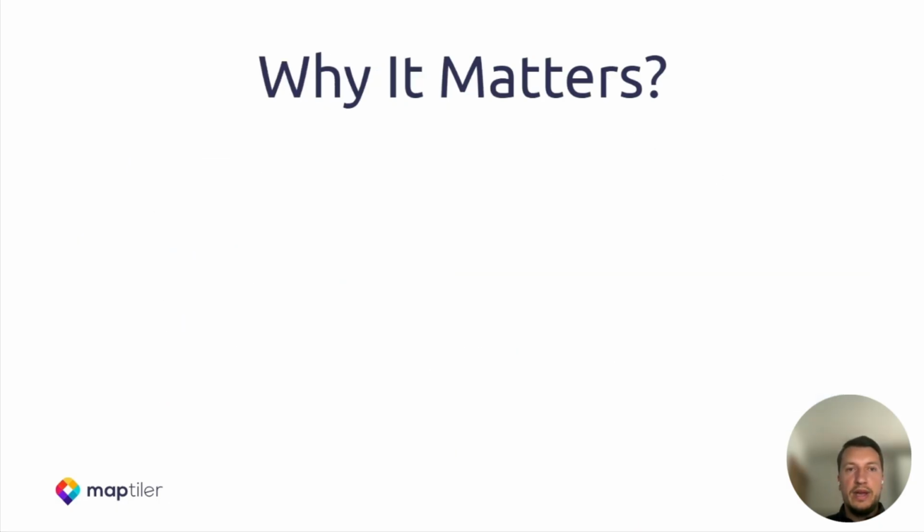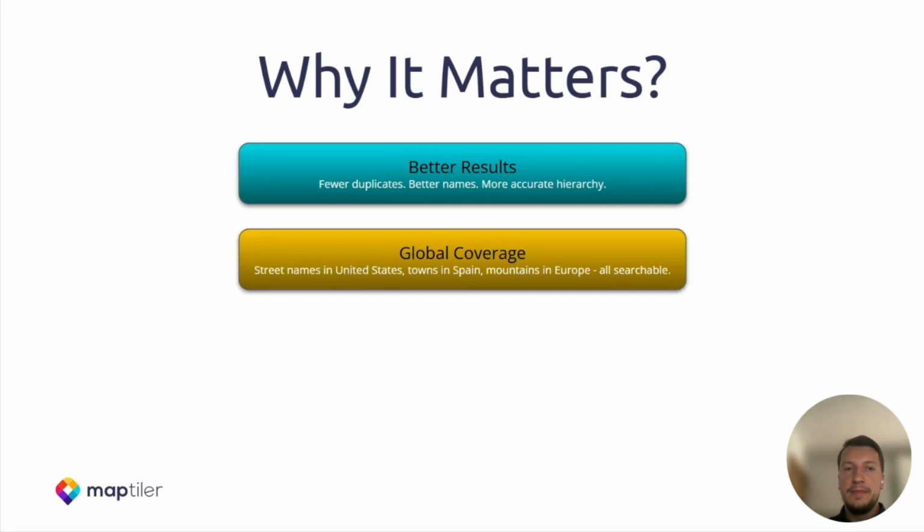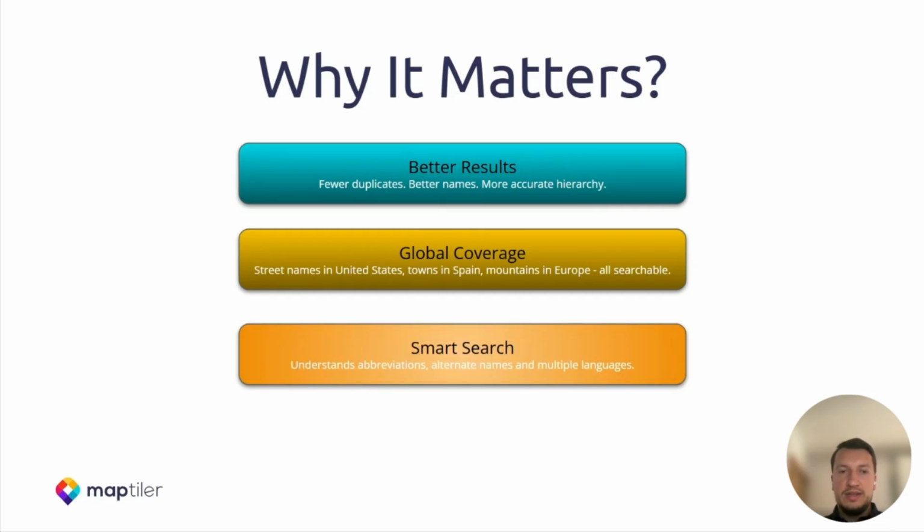Why does it all matter? So firstly, better results. All these steps, all this hard work is because of fewer duplicates, better names, and more accurate search results in general. Then we support global coverage. So street names in the US, towns in Spain, or mountains in Europe, all are searchable. We support smart search.